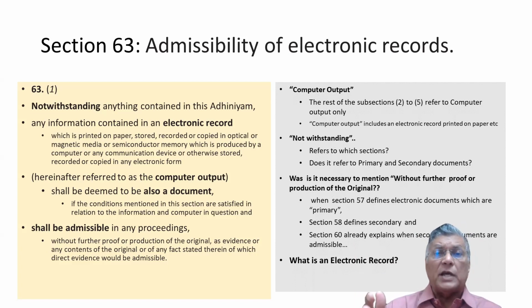And that could be produced either by a computer or by a mobile or by a device, by whatever name it is called. As long as the document was expressed in binary form, it was an electronic document, and whichever device would process a binary document became a computer.